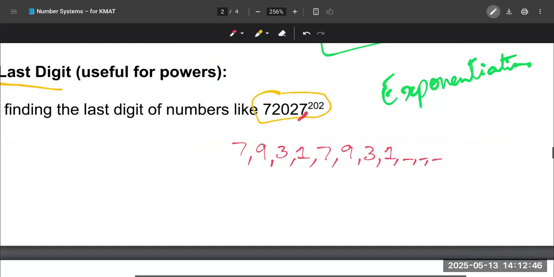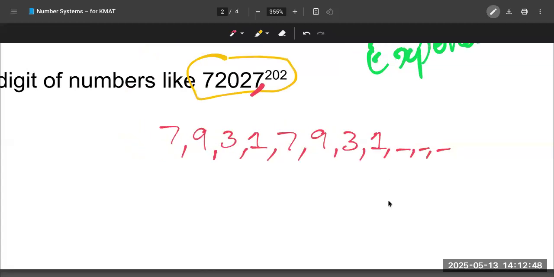Now we have to find out what the number is in the 202nd power. How do we do that?